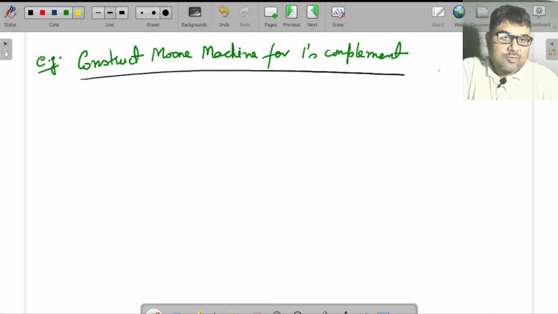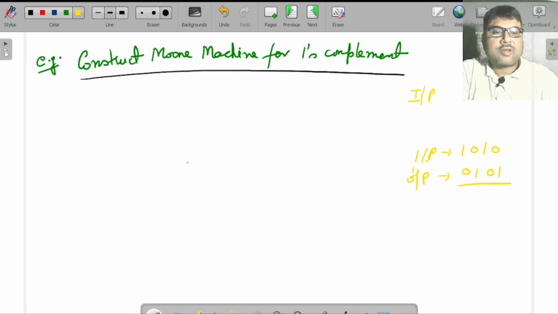If you're talking about the input one's complement of 1010, the output of one's complement just reverses the bits. Let us understand whether this is giving that or not. So for that, just draw this.